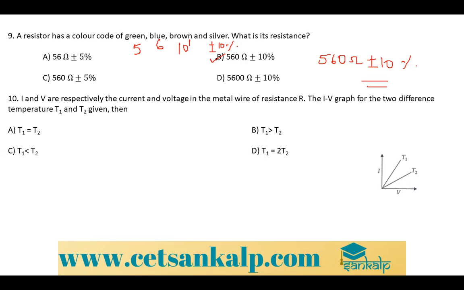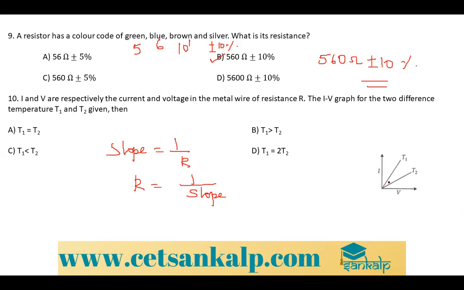The one thing you have to remember, as we have already told, slope is equal to 1 by R, or R is equal to 1 by slope. If the slope increases, resistance decreases. Why? Because it is inversely proportional.